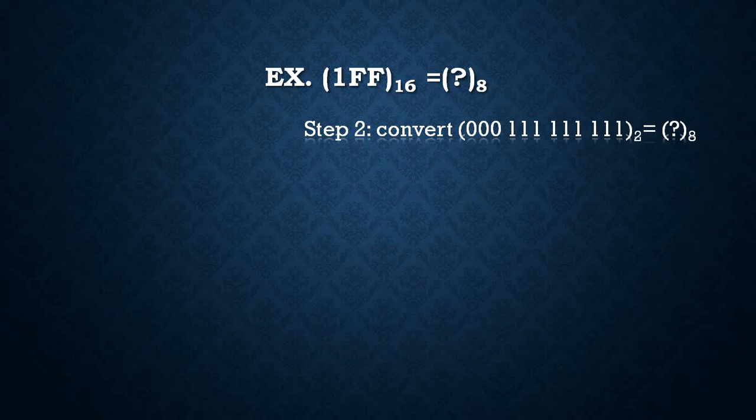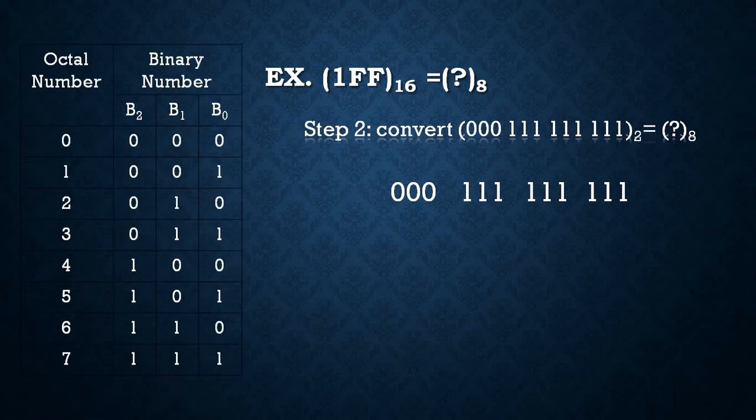Now we divide the number into groups of 3 bits as 000 111 111 111. Now again we use the relation table of the octal number system and binary number system. In the table, for the first group 000 we get octal 0, we write here.